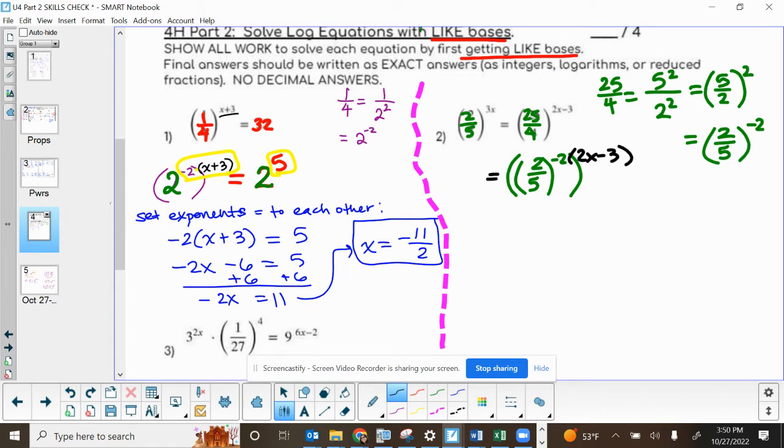And on the left side, I have the 2/5 raised to the 3x. So I now have a common base of 2/5 for both sides. And so I can set my exponents equal to each other, knowing that I'm going to multiply right there.